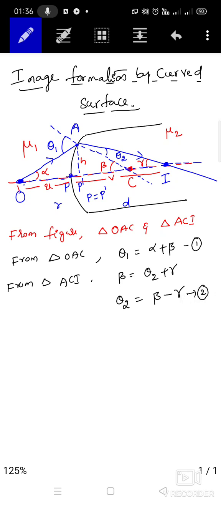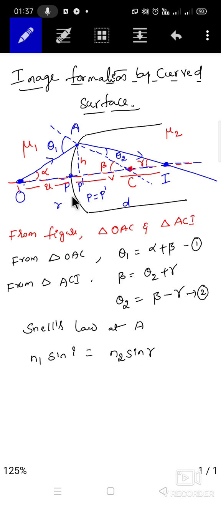Now we take one law, Snell's law at point A. Snell's law says n1 sin i is equal to n2 sin r.